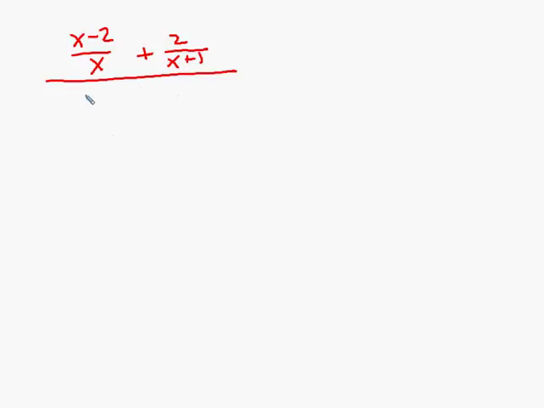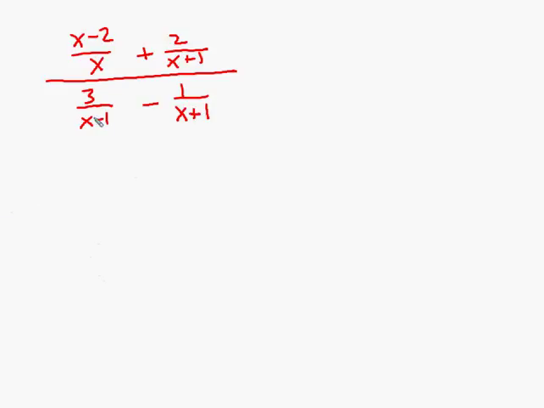Now there is another way to do this. I could add those fractions at the top, and I could add the fractions at the bottom, but it turns out that's a way longer way to do it. This is a plus. Okay.